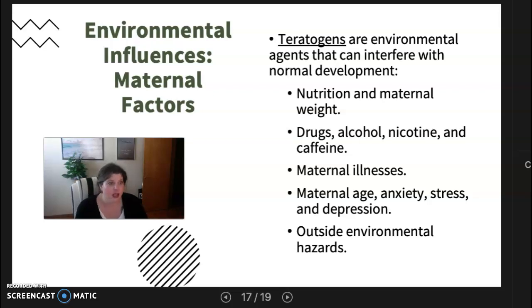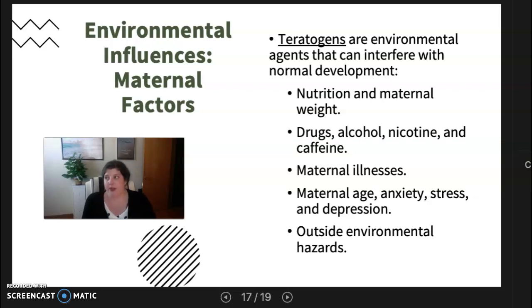Maternal illnesses. One of the things, the book didn't talk about this, but there have been several studies that show that women who get the flu in the first trimester, I don't remember if it's the first or second trimester, have a much greater risk of their child developing schizophrenia later in life.